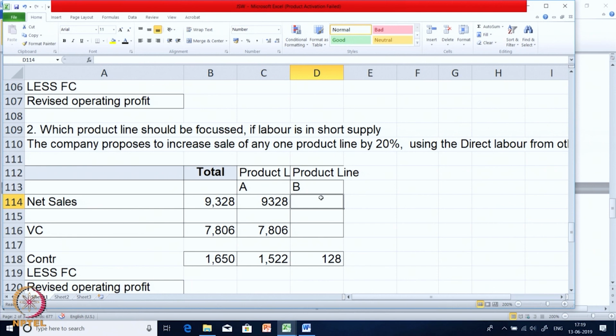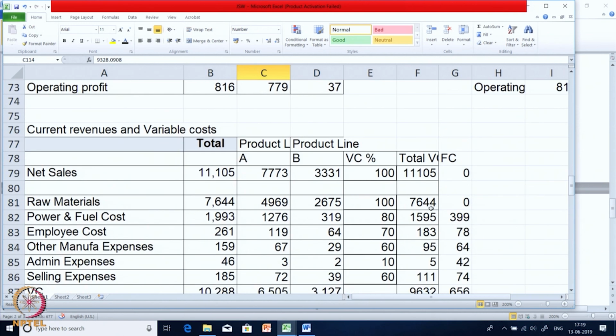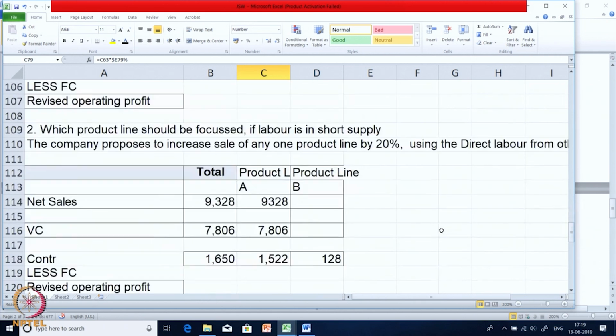Now in the B portion, first of all revise the sales of A. Your current sales of A is 7773, and it will increase by 20%.